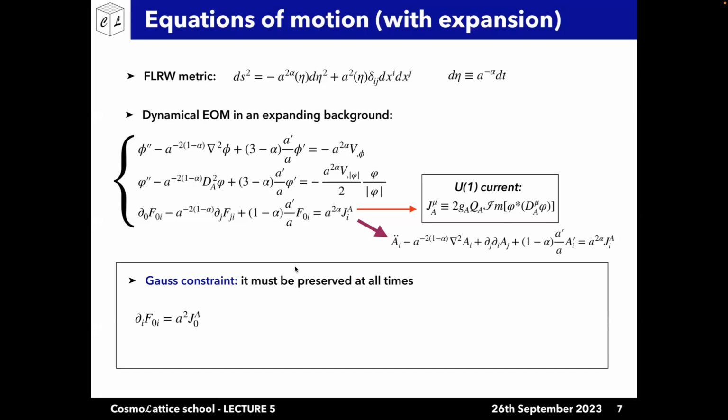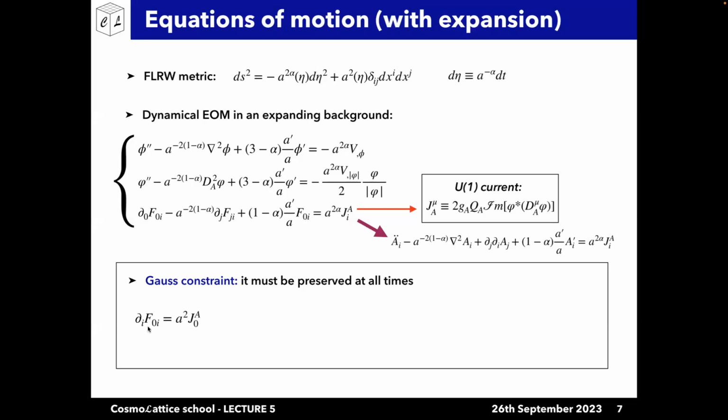And then there is another equation, the Gauss constraint, which must be preserved at all times. This is not a dynamical equation. This is a constraint. If we solve the dynamical equations in the continuum, it will always be preserved, and that's why it is a constraint. But we can also use it to monitor how well our simulation is going on the lattice.